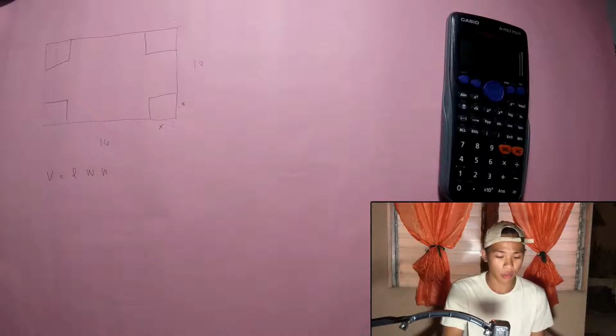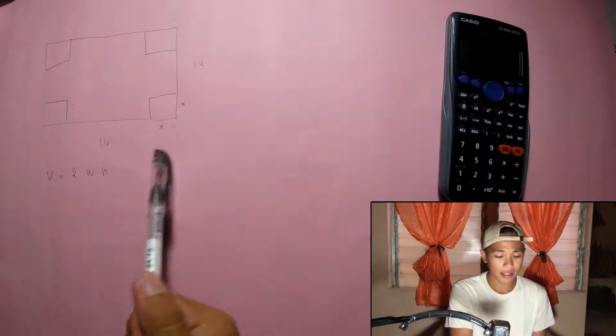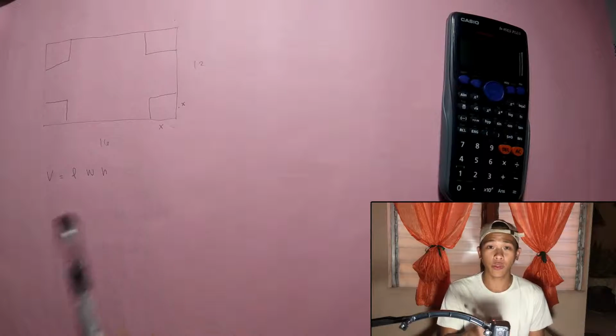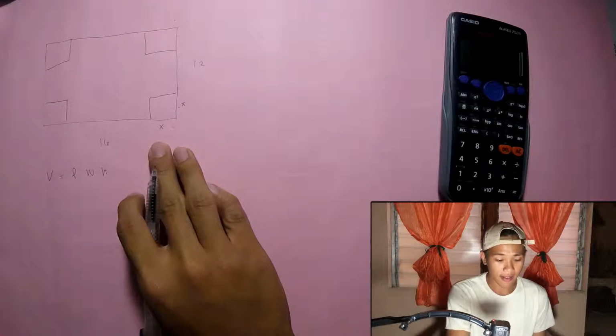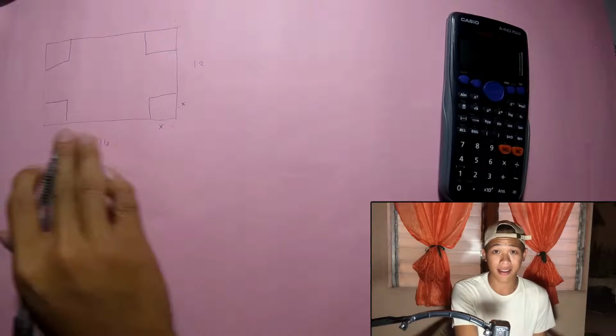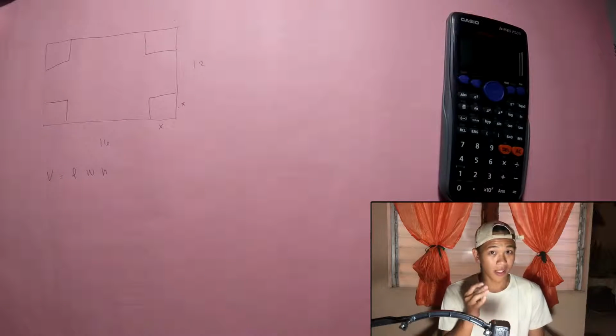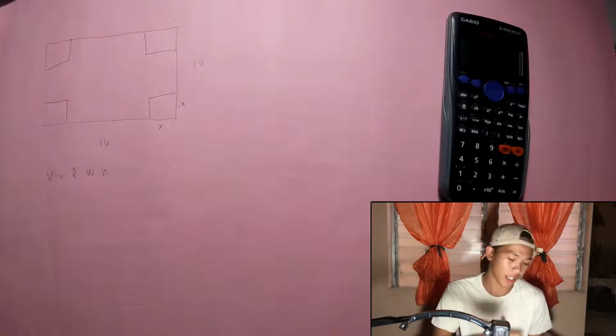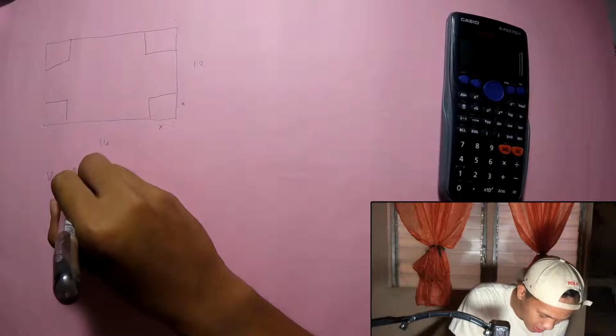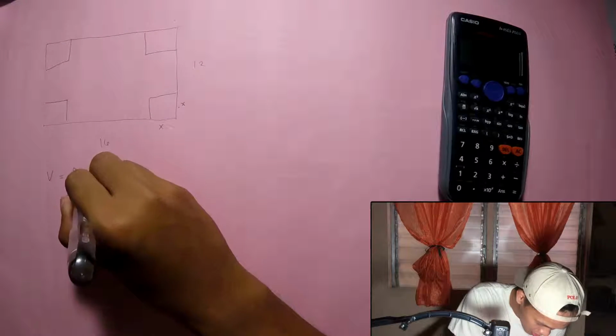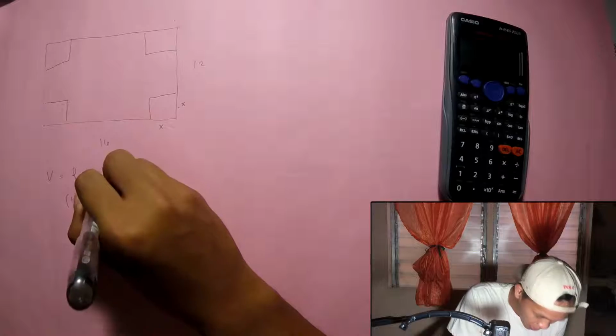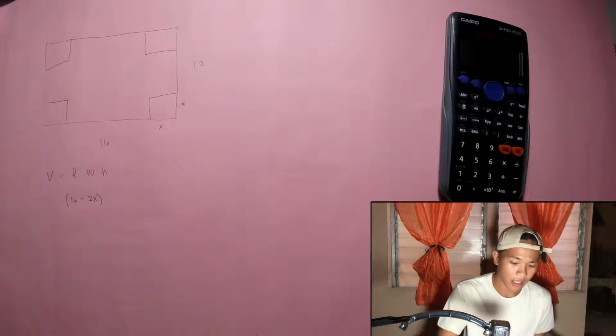So for our length, we have 16. Since the entire length is 16 and we will be cutting out X, since there are two X's, X plus X is equal to, yes, that's right, you guessed it, 2X. So let us write it down. 16 minus 2X. And then for the entire width as well, we have 12.